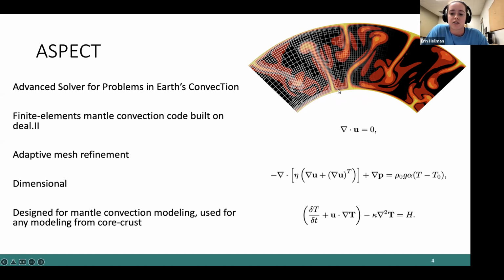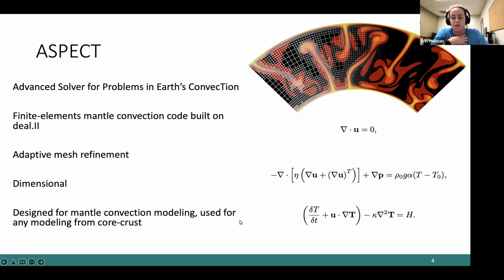So you can prescribe your mesh to refine in places where you have temperature or viscosity contrasts, so that you'll have a finer resolved mesh in those areas. And in areas where you have less active advection or flow, you can have a coarser mesh, which is helpful when you're trying to model very small scale things or just in general for computational speed.